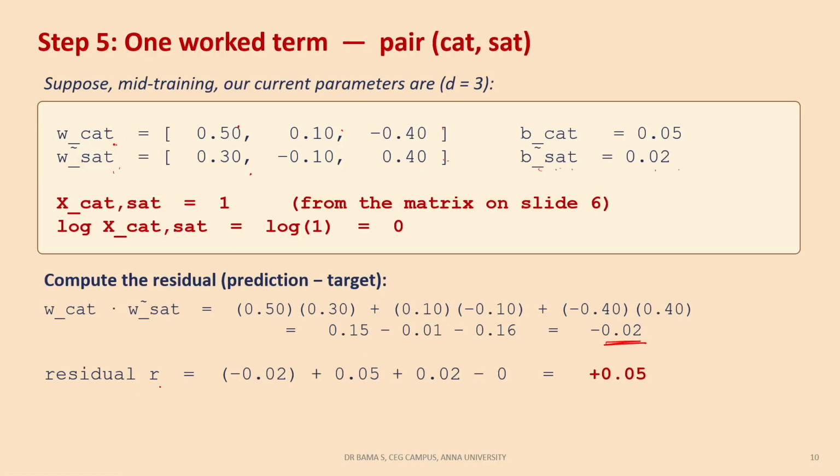Now the residual r is going to be minus 0.02 plus 0.05 plus 0.02 minus 0. So r is 0.05. This we have seen.